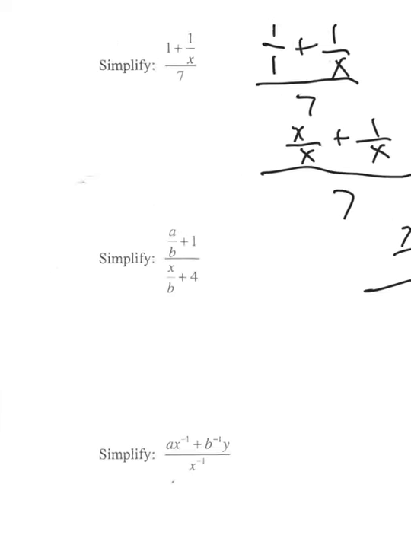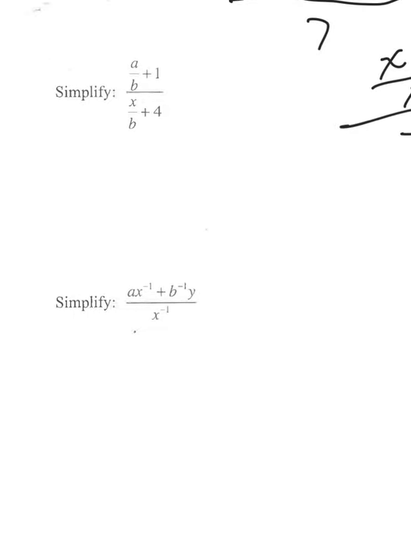All right, let's continue. Similar kind of thing with this next example: a over b plus 1, over x over b plus 4. I'm going to write top and bottom, and add those two. So a over b plus 1, I can find the common denominator of b, so that would make it b over b.